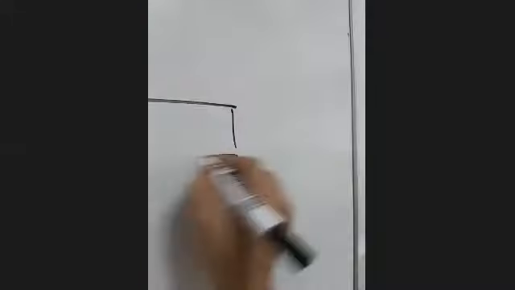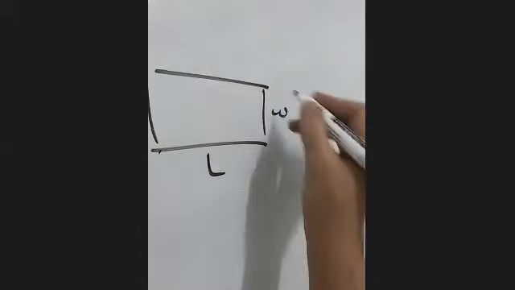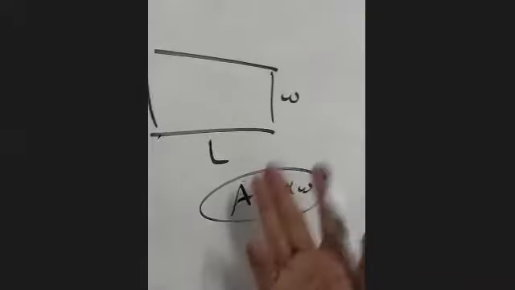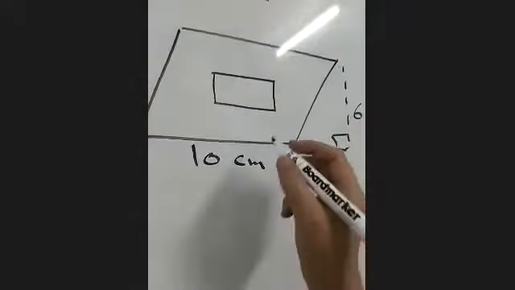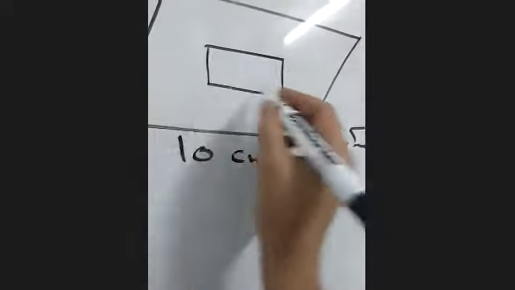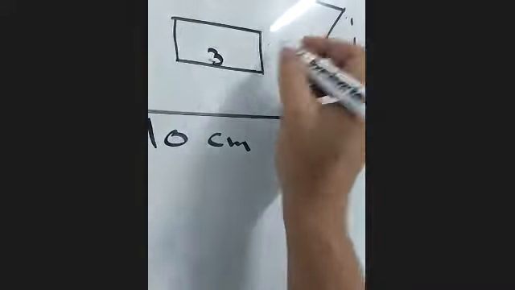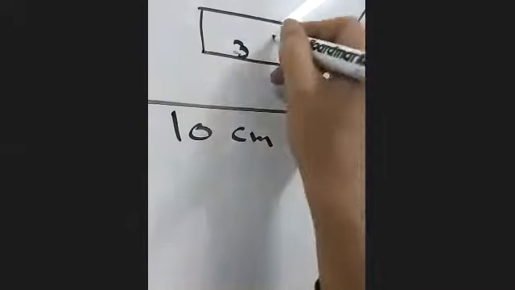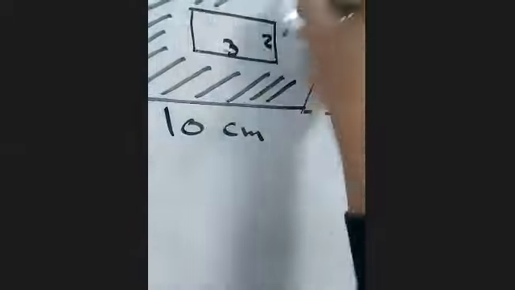If you remember, the area of the rectangle with length and width is length by width, right? Let's say the length is 3 and the width is 2 centimeters, okay? And I want this area around it, the shaded area.